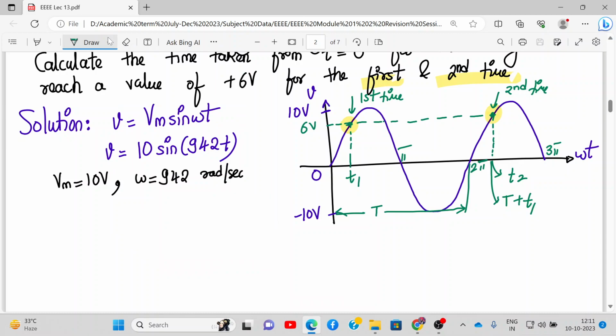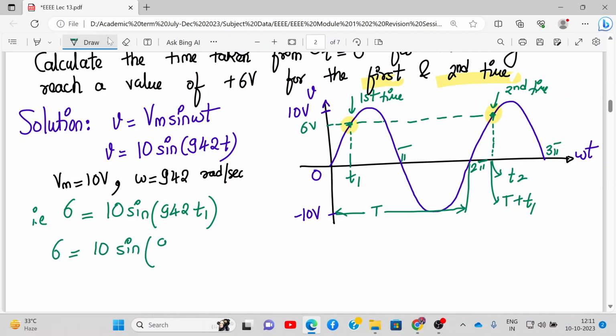All right, so we have calculated and we got the value of Vm and omega. Now V is around 6 volt, let's say, for the first time, and it is given as 10 sine, and we need to calculate t1. So this will be 942 t1. Now this value is in radians, we need to convert it into degrees. So 6 equal to 10 sine of 942 t1 into 180 by pi.